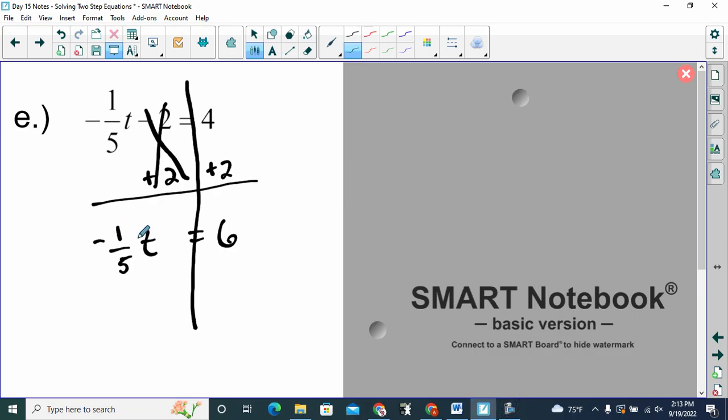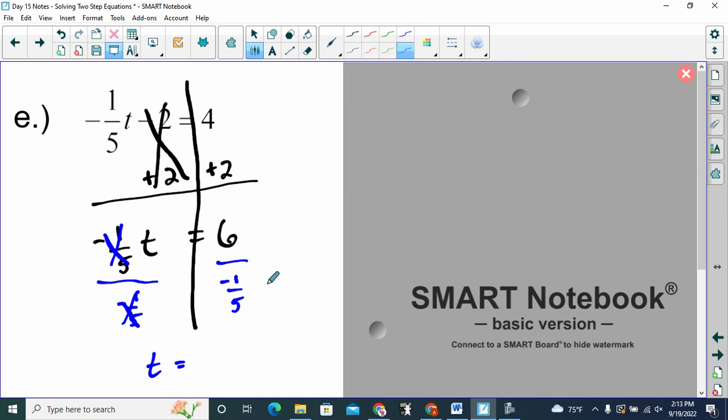From here, this is negative 1/5 times t. We undo multiplication with division. Negative 1/5 divided by negative 1/5, those cancel. So I get t equals 6 divided by negative 1/5.